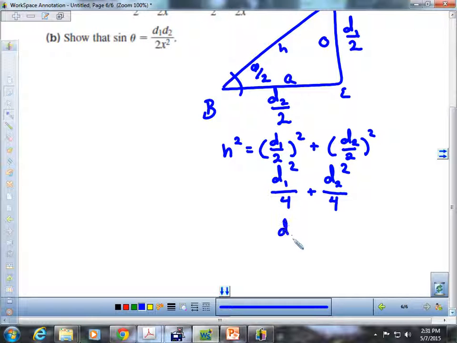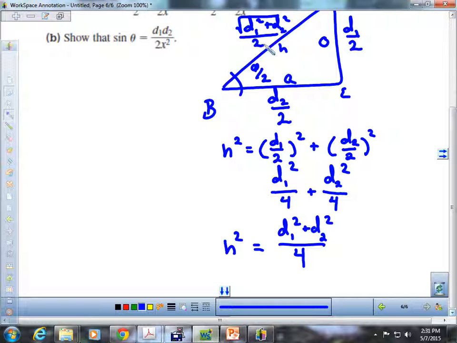So diagonal 1 squared plus diagonal 2 squared over 4 is my hypotenuse squared. So what would we do to get our hypotenuse? We'd take the square root of that, which is nice because 4 is going to come out as what? 2. So my hypotenuse is the square root of diagonal 1 squared plus diagonal 2 squared divided by 2.